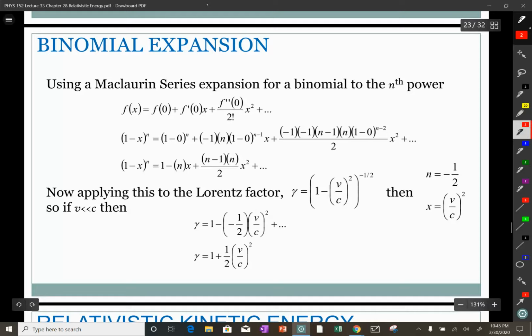So if we take gamma, remember gamma, the Lorentz factor, 1 over square root of 1 minus v over c quantity squared. Square root is to the power of 1/2, so that's 1 over 1 minus v over c quantity squared raised to the 1/2. Or if I invert it, just change the sign.